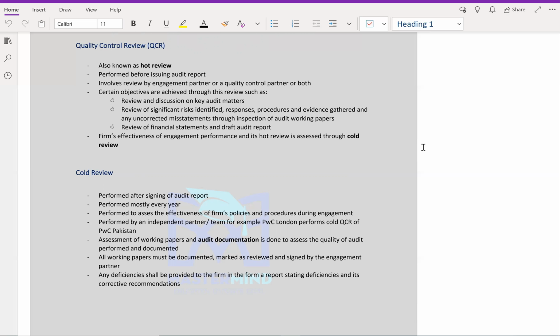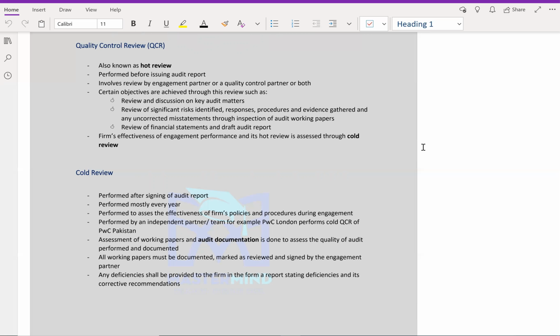Review of financial statements and draft audit report. So the wordings, the disclosures of the financial statements, what disclosures have been given, and the wordings of the audit report are very important. The firm's effectiveness of engagement performance and its hot review is assessed through cold review: whether the engagement altogether was performed on point as per ISAs, as per local laws, as per the requirements of the firm, and whether documentation was complete.